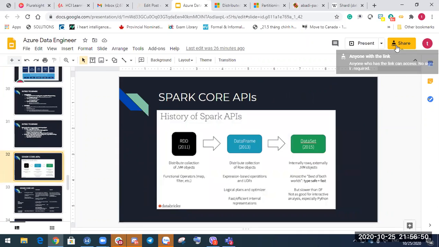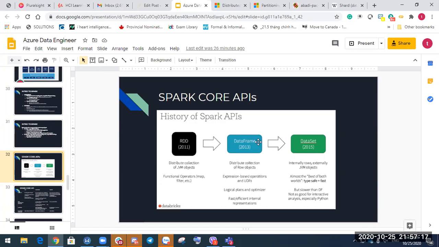Spark API. I don't believe they will test on this, but I'll quickly talk to you about it. Underlying all other Spark APIs, there's always the RDD. This is the evolution of the Spark API, and this is where we are now. But underlying all of this, there's still the RDD doing the processing. So the core of the Spark API is the RDD.